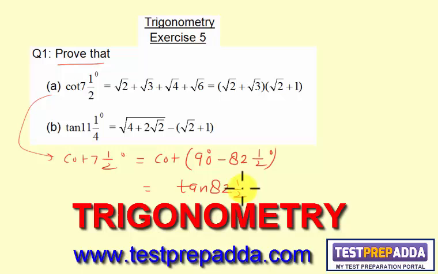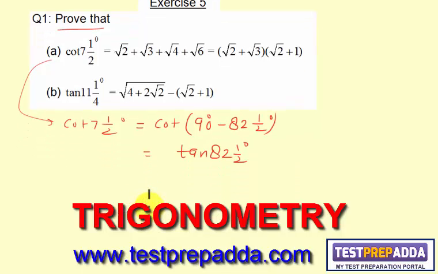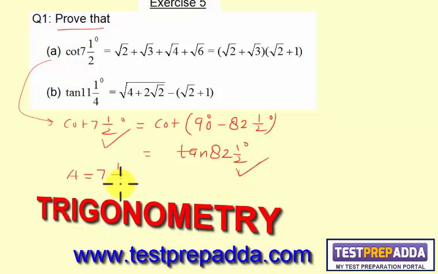And 90 minus theta lies in the first quadrant where all trigonometric ratios are positive, so it will be tan 82.5 degree only. So if in the question it comes cot 7.5 degree or tan 82.5 degree, both will be written the same.